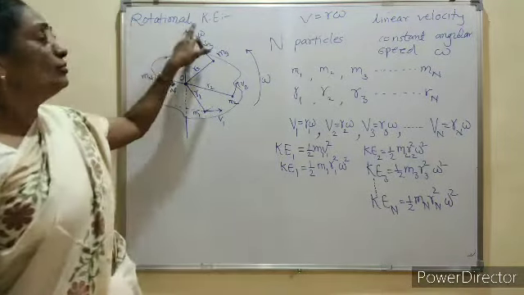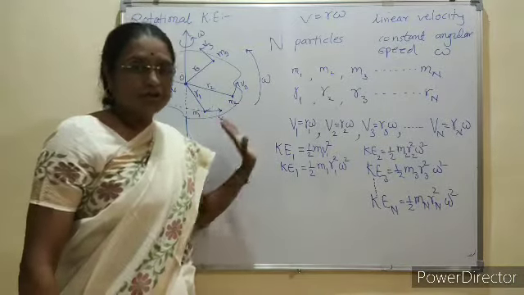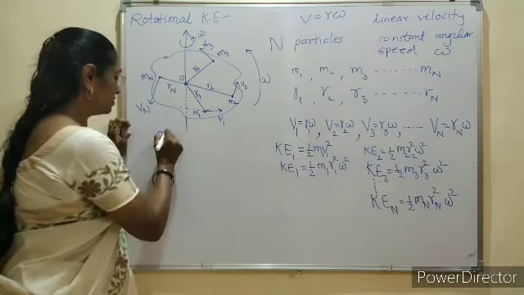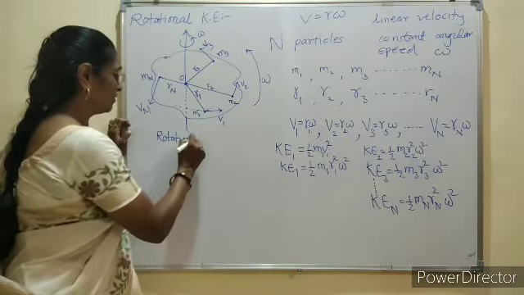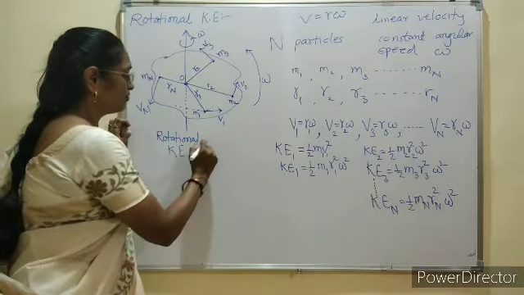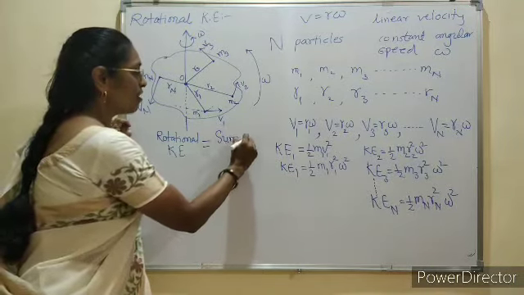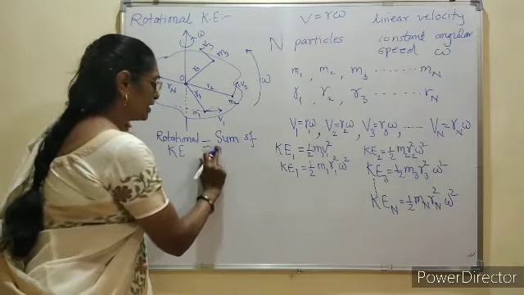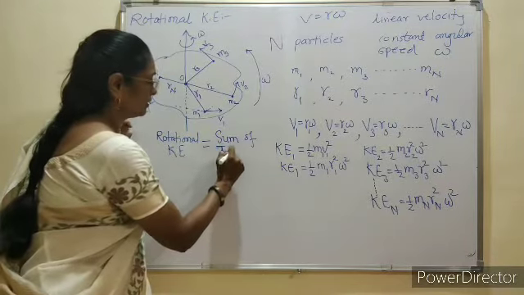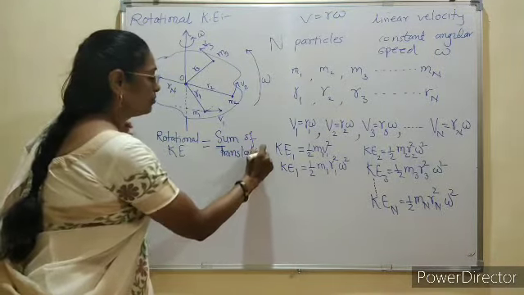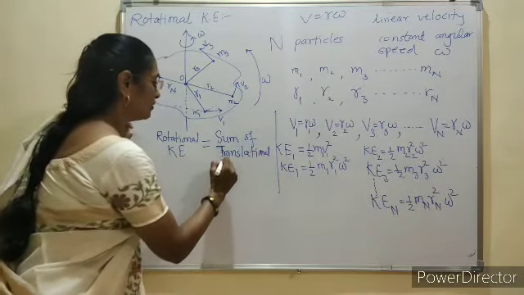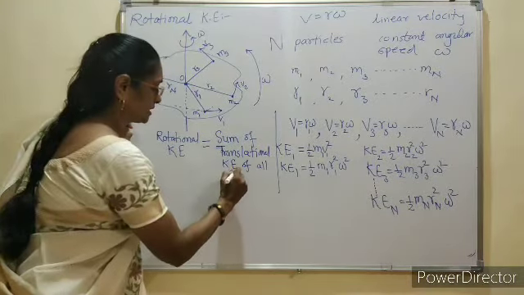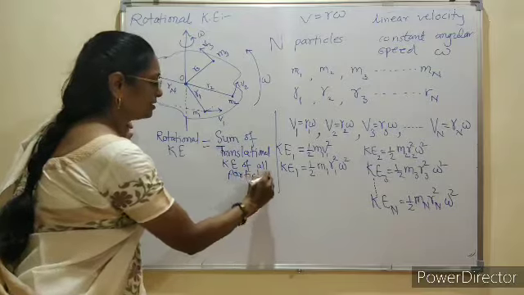But we have to derive rotational kinetic energy. Here the concept is that rotational kinetic energy is equal to the sum of translational kinetic energies. So you have to note here the sum of translational kinetic energies of all individual particles.